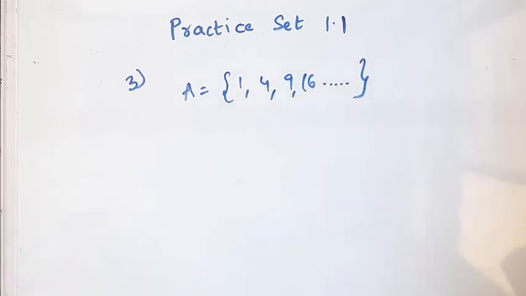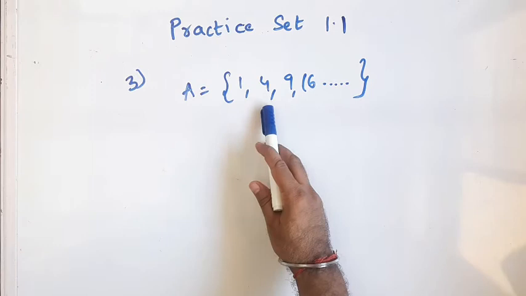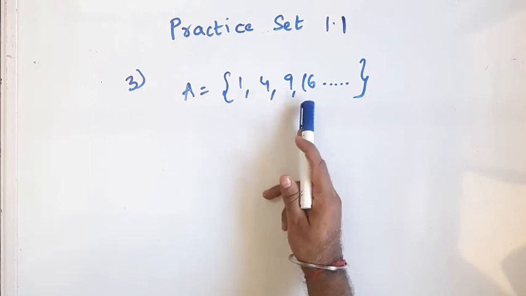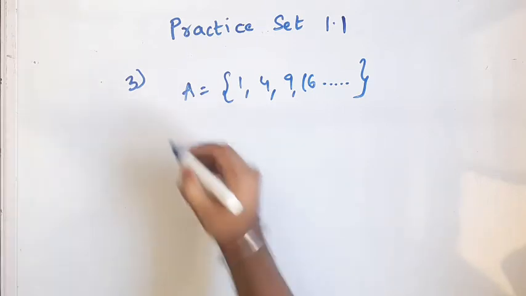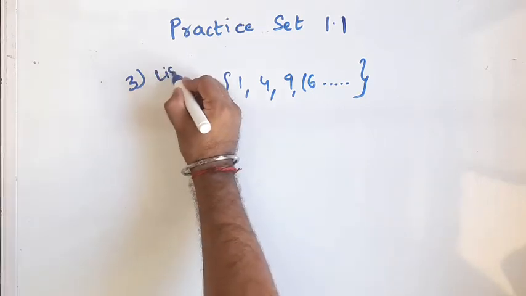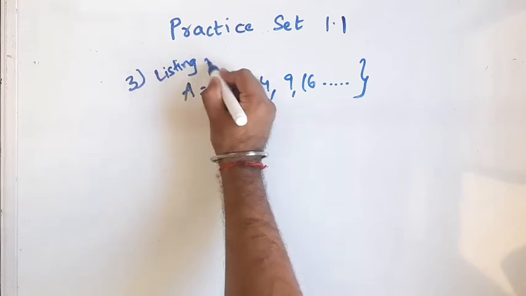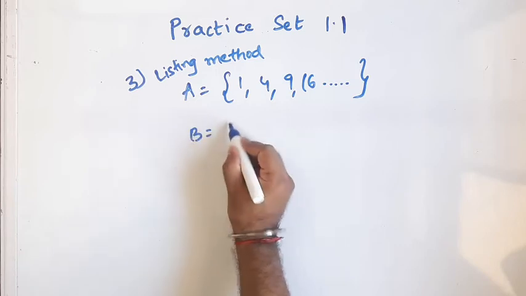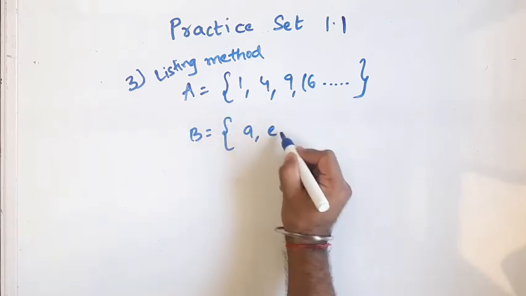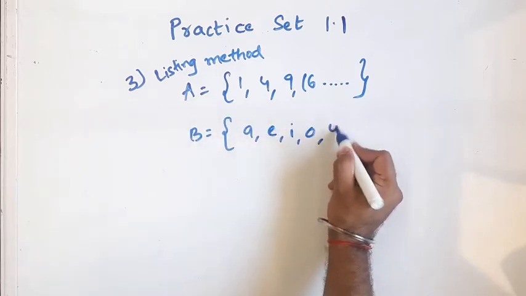Can you tell me what I have written? I have written all the perfect squares. 1 is a perfect square, 4 is a perfect square, 9, 16 and infinite. Then it will be 25 and so on. This is the listing method. Then I'll write A, E, I, O, U.